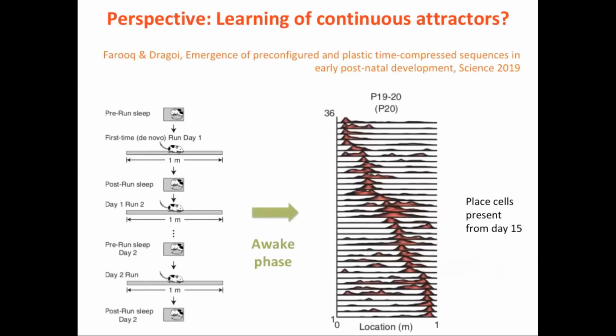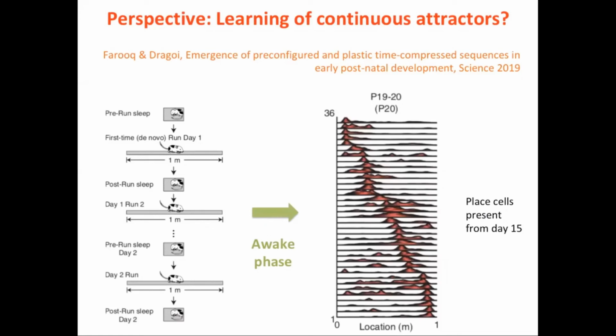What they did, and I'm just summarizing the experiment very briefly, but go to the original paper if you want more details, is look at newborn rats. As soon as rats open their eyes, about 13 days after birth, you can see the presence of place cells.